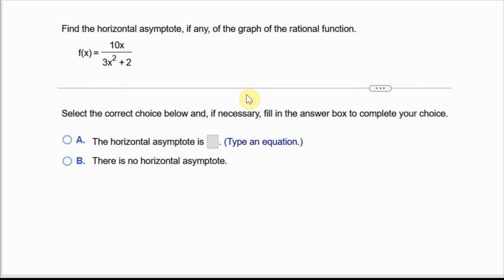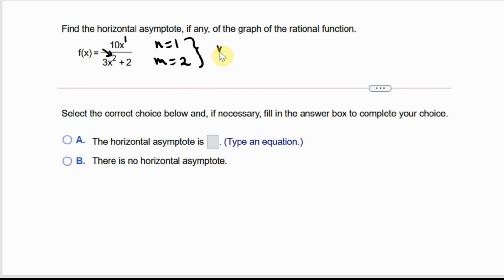Find the horizontal asymptote. Remember we said we look at the degree of the numerator and the degree of the denominator. So my degree of the numerator, we call that n, that's 1. And then my degree of the denominator, we call that m, that's 2.